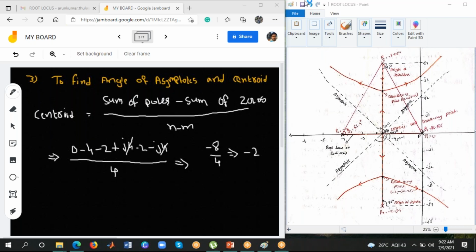So this is the centroid. Okay, the centroid is -2. So mark -2 and mention it is the centroid.